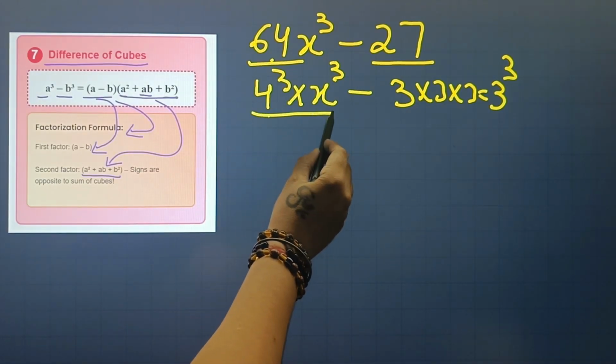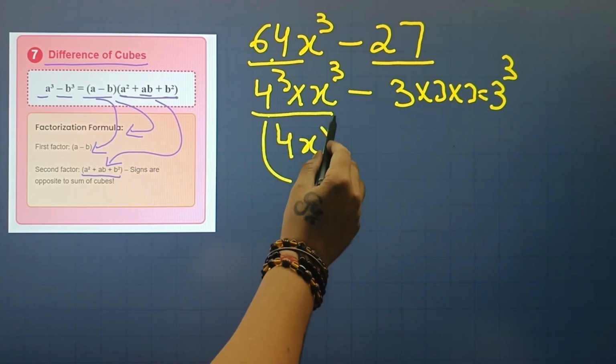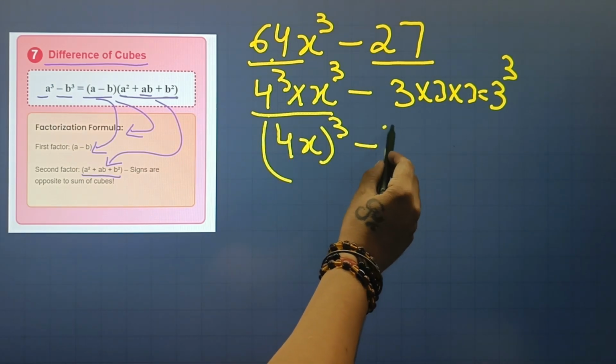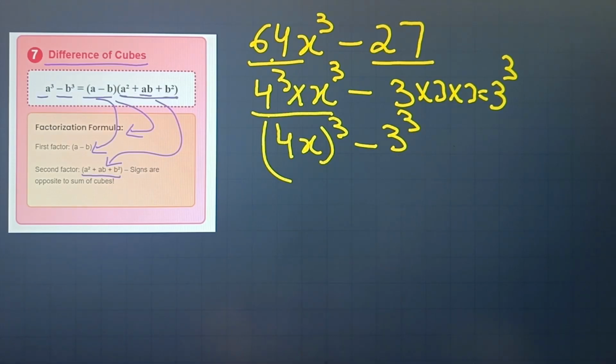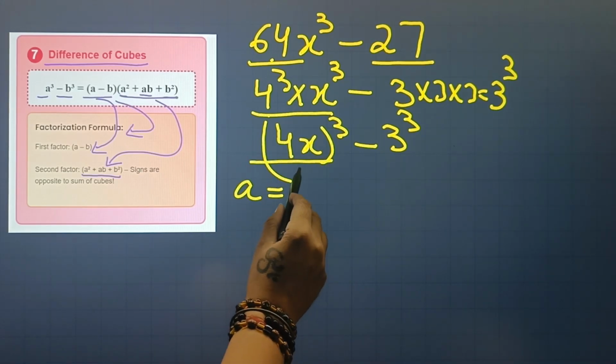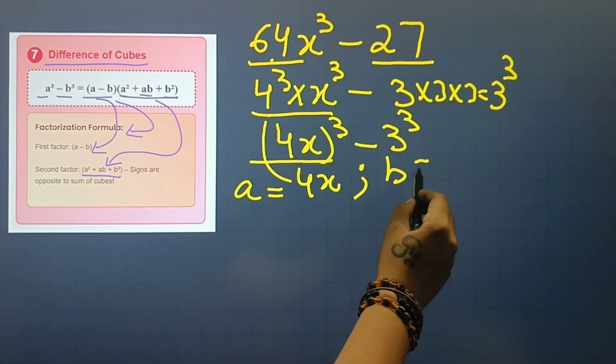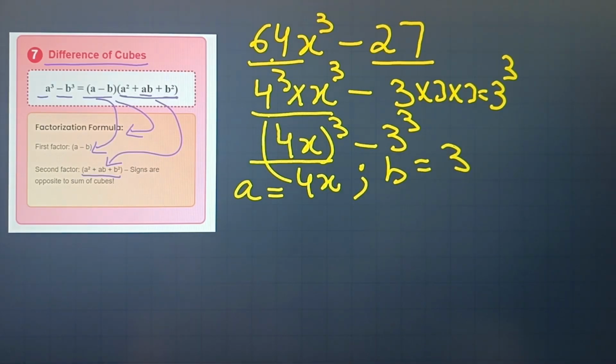And we can write this term as (4x) whole cube minus 3 cube. Now we can see that we can apply our identity. Here we have a equals 4x and b equals 3.